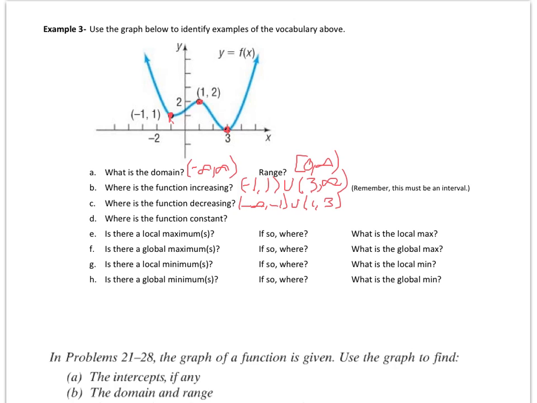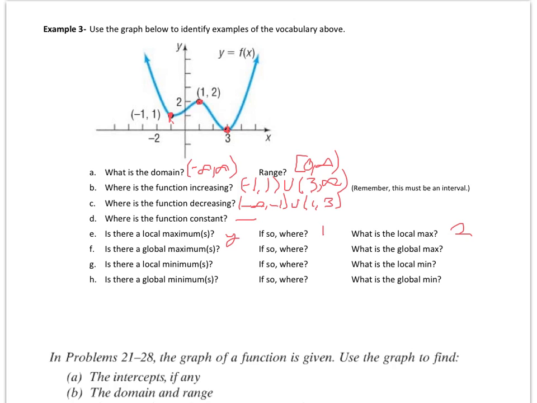It's either increasing or decreasing or changing at those points. Nowhere. Is there a local maximum, or are there local maximums? Yep. Where? It's at 1, and what is the local max? It is 2. Good, at the point (1, 2).